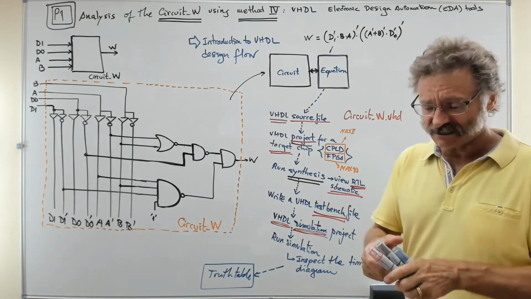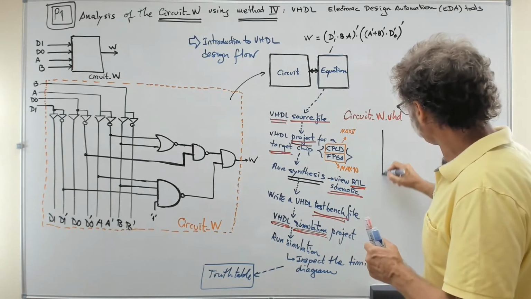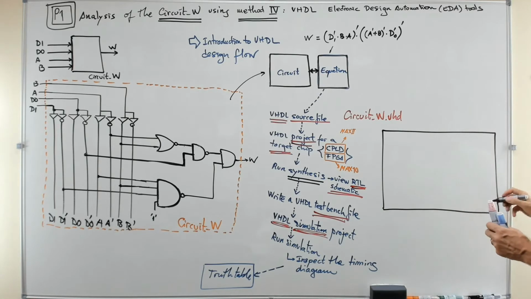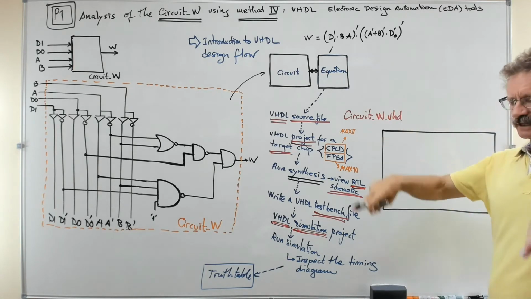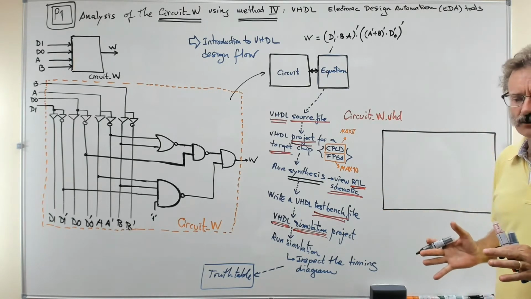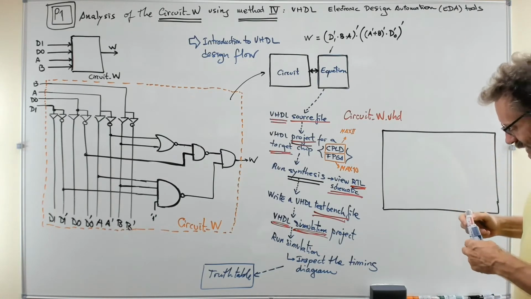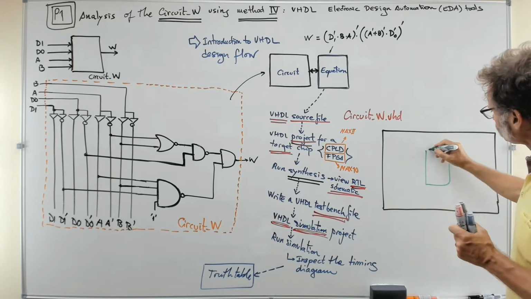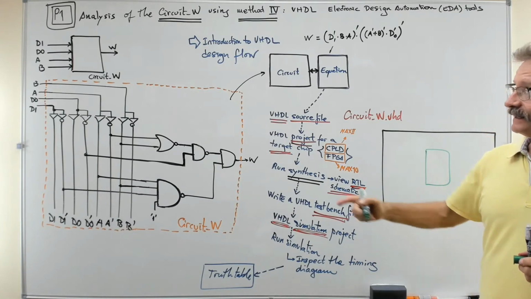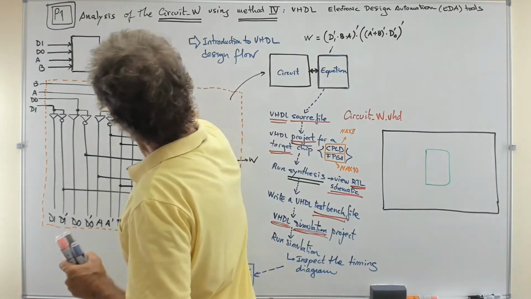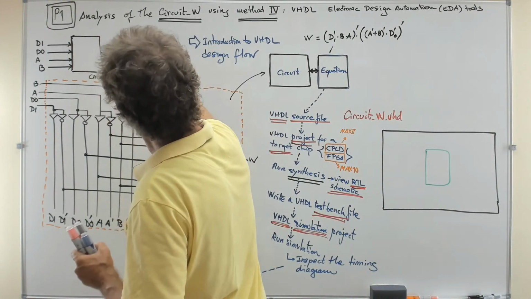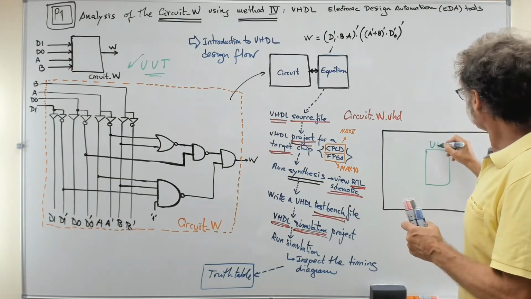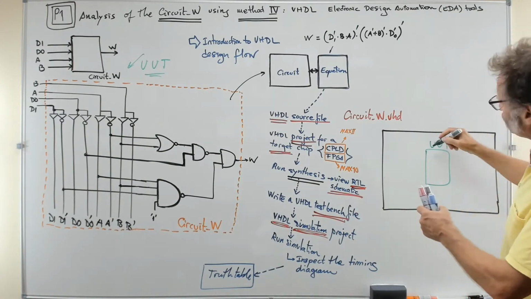A testbench is nothing but, it is simple to design, just a closed box, an environment that is completely closed. And inside this box, we are going to place what is called the unit under test, the device or the equipment under test, in the center of this testbench.